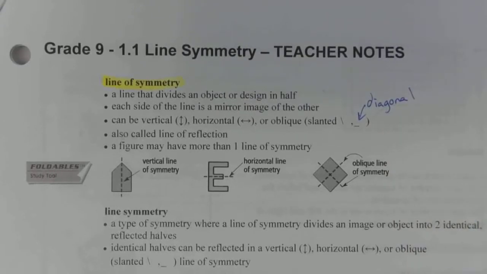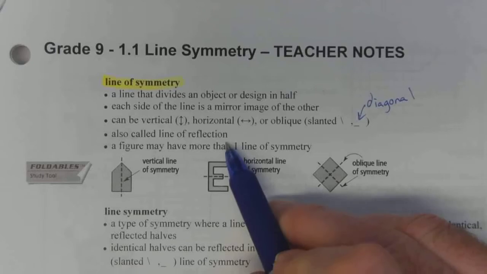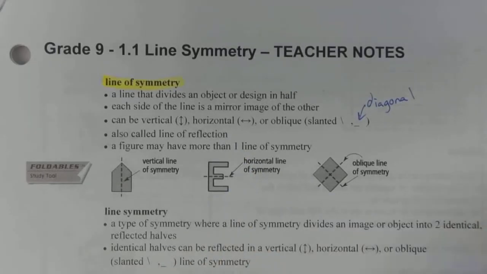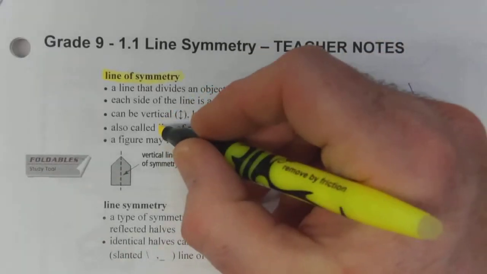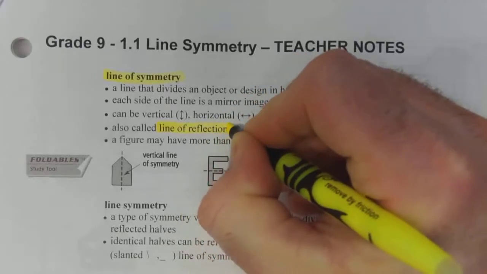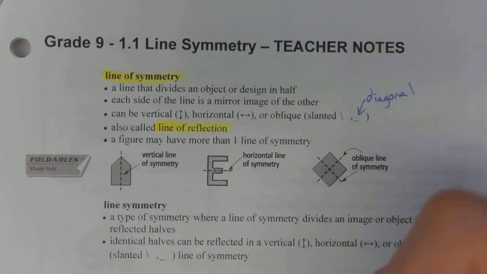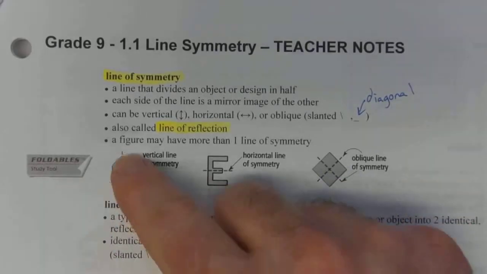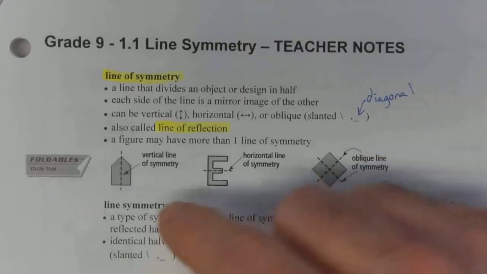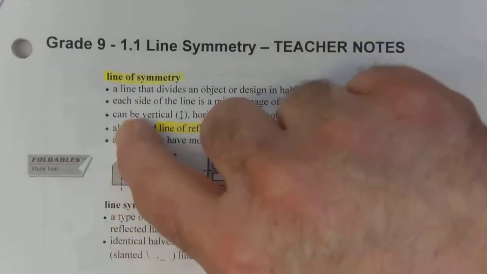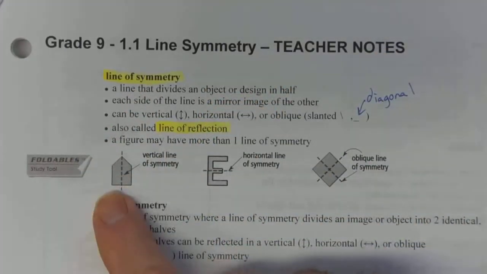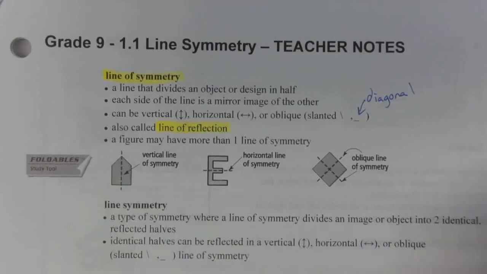The line of symmetry is also called a line of reflection. So that's kind of another term here. And a figure or an image may have more than one line of symmetry. So in this house type shape, we've got a vertical line of symmetry right down the middle. Both sides are exactly the same, mirror images of each other.